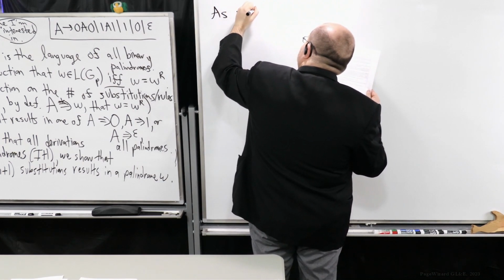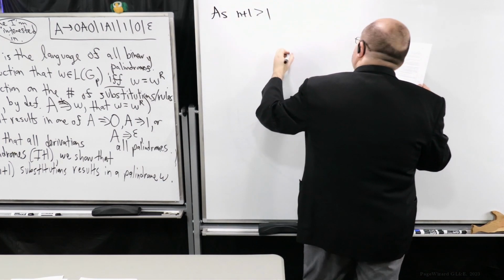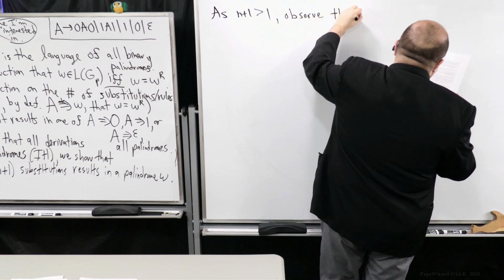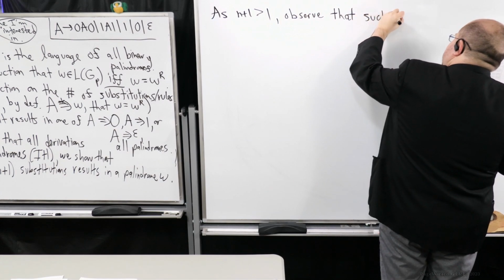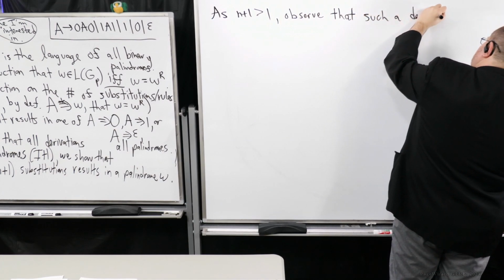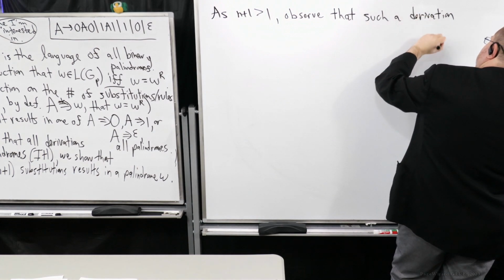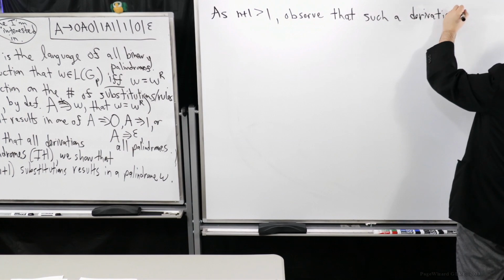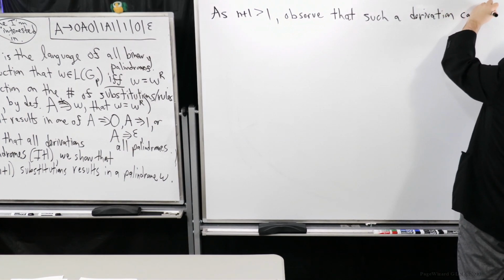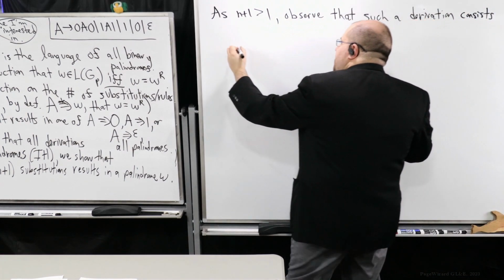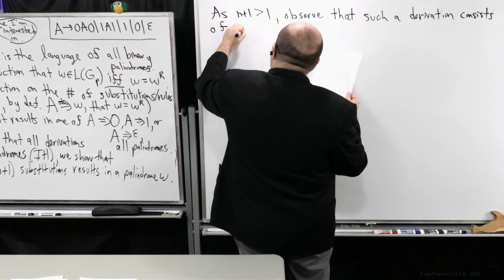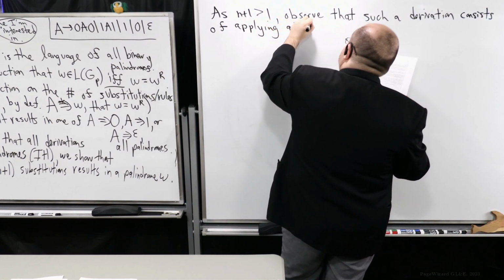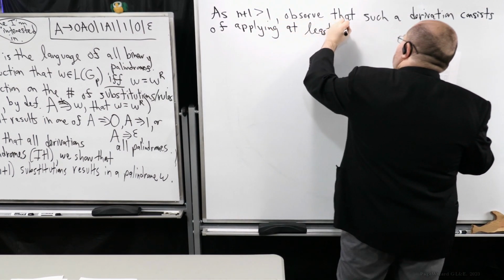As n plus 1 is strictly greater than 1, observe that such a derivation consists of applying at least 2 production rules.